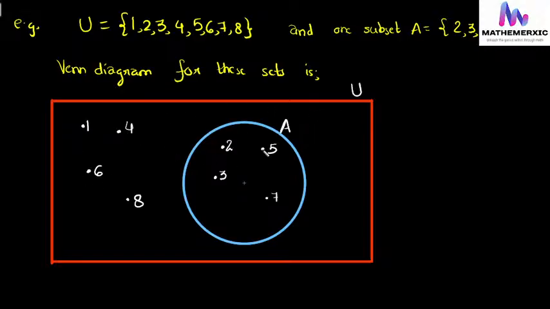They are already there in U and also in A, and then the remaining 4, that is 1, 4, 6, 8, we maintain outside A, because they don't belong to A but they are in the universal set. So this is the concept behind this particular part.